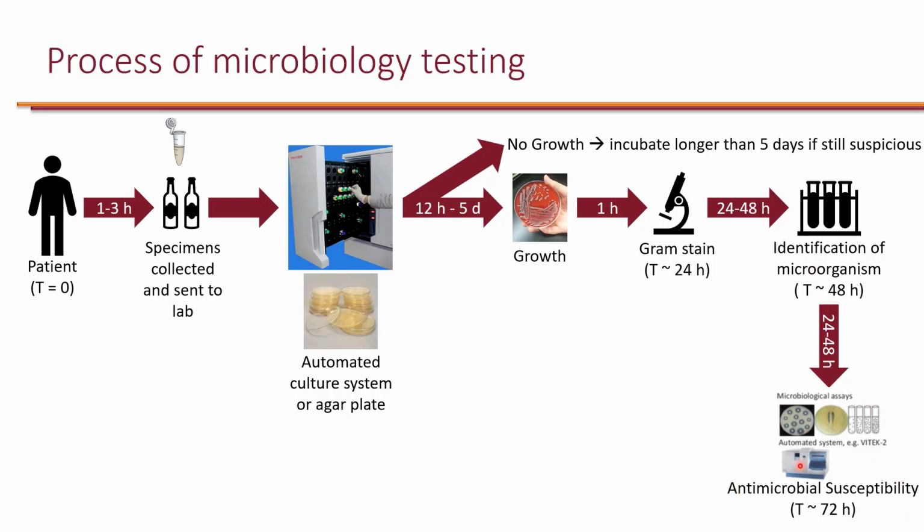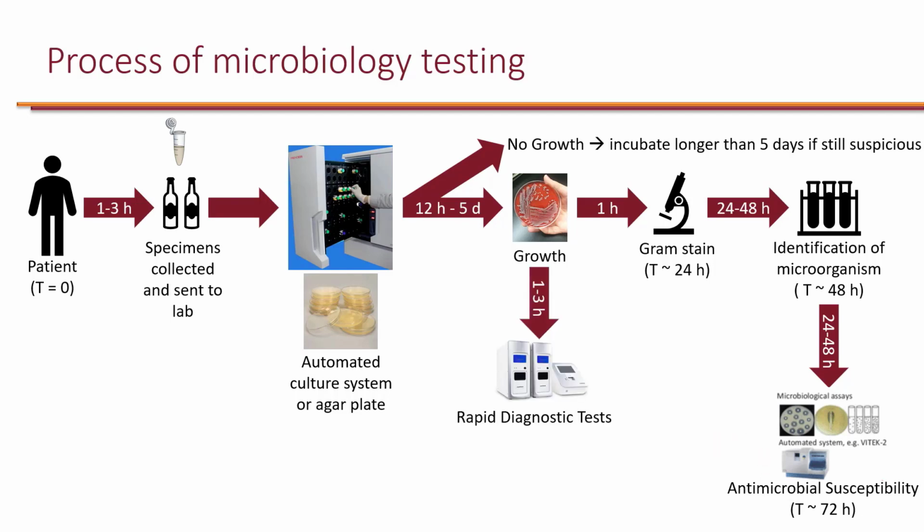But the key point here is that it will take another day or two after the organism is identified in order to find susceptibility results. And what that means is that they will tell you which antibiotics will be active against this organism and which ones will not be active, so that we can streamline treatment.